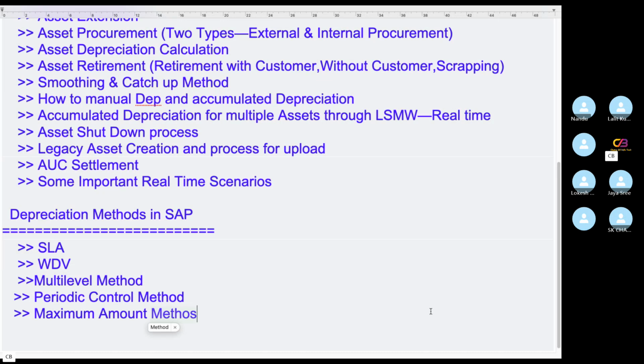These are the methods available in SAP for calculation of depreciation.